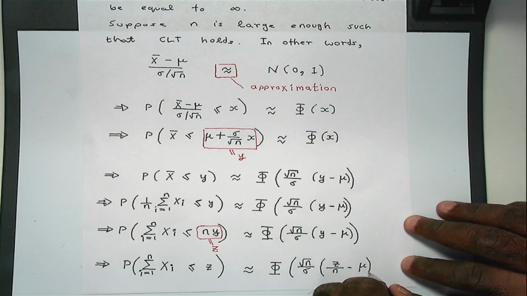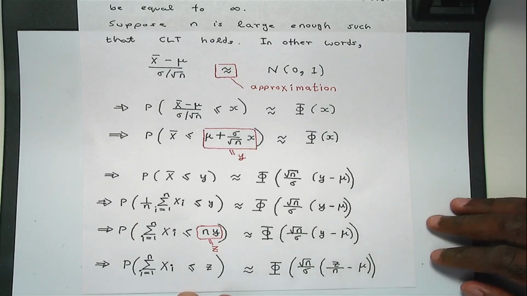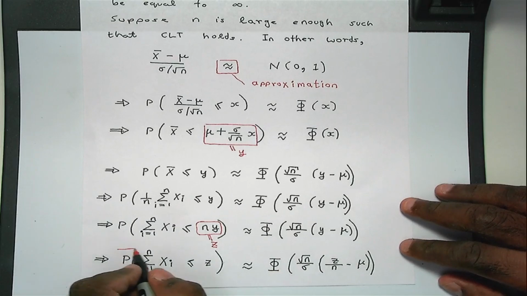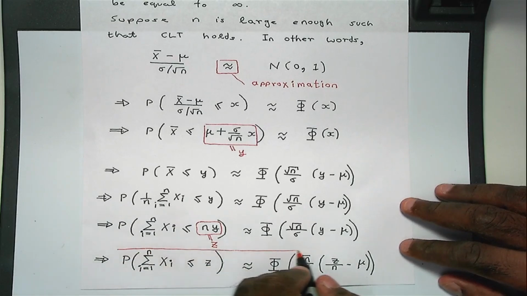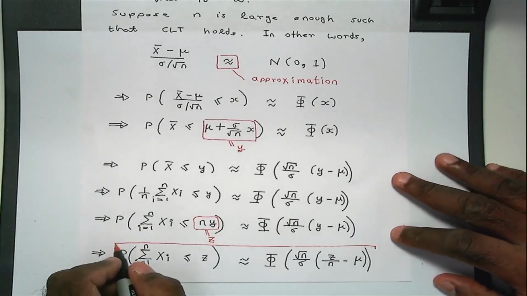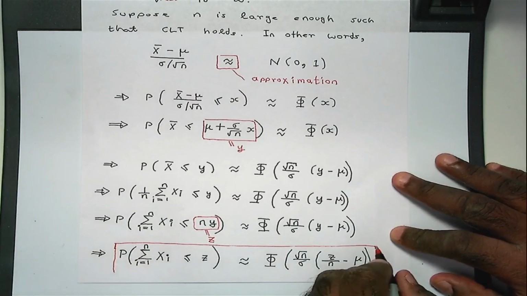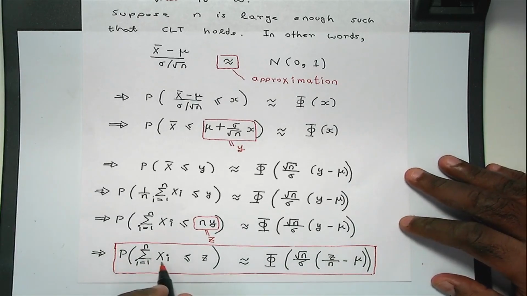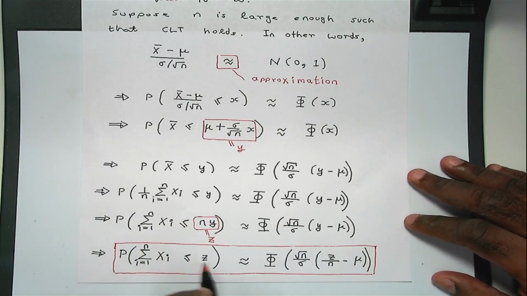So when I say a model based on CLT, this is what I meant. What I have here is the probability of a sum of independent variables less than or equal to a fixed number, approximated by this.